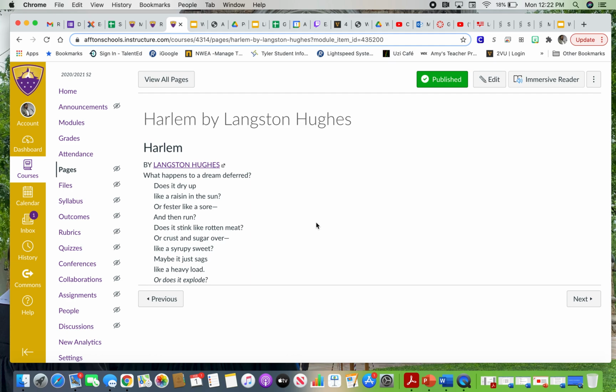So let's go ahead and look through the poem. Well, first off, we're probably going to notice that a dream deferred is an extended metaphor, right? We're actually connecting the dream deferred to all of these examples. In this case, it also happens to be an analogy, right? What happens to a dream deferred? Well, the relationship is like a fester and a sore.